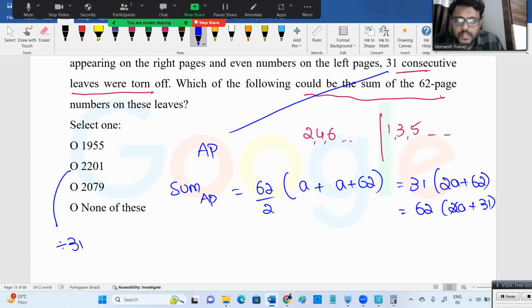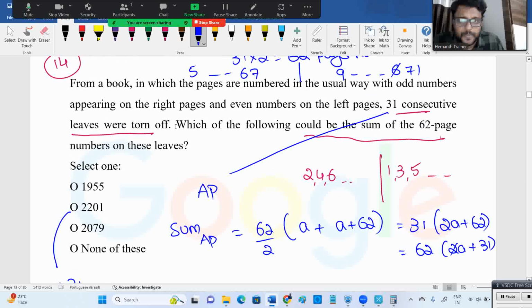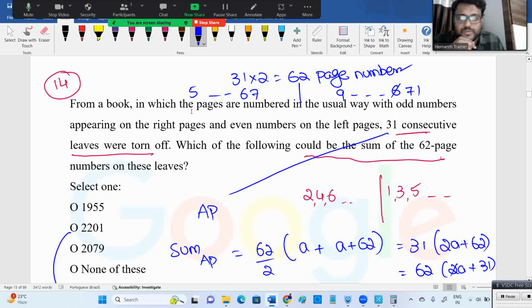Again, look at the question: page numbers are usually numbered with odd numbers appearing on the right pages and even numbers on the left pages. 31 pages are removed. So right side odd number, left side even number. So we removed a page means it will be right, then left. First an odd number, then an even number. So A plus 1, A plus 2, and so on.